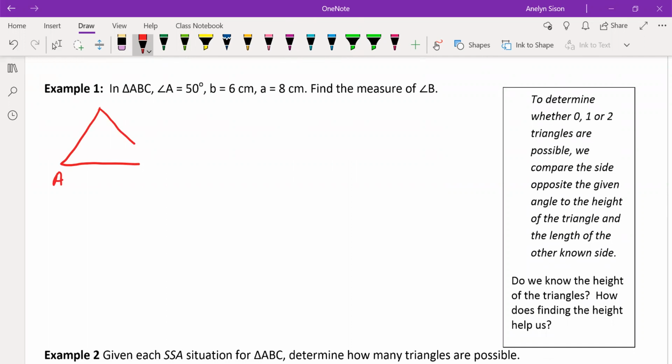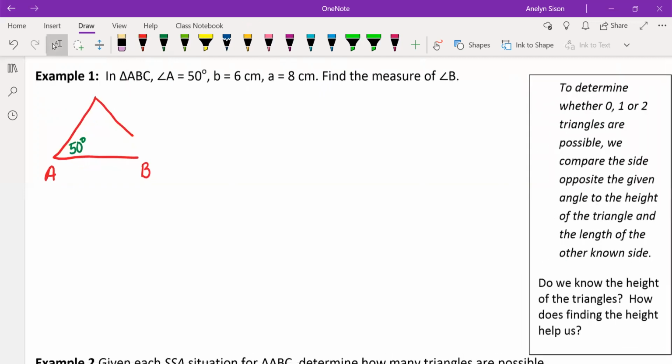The other side given is the base right. So this is 50 degrees, and A is 8. And then the B is 6.